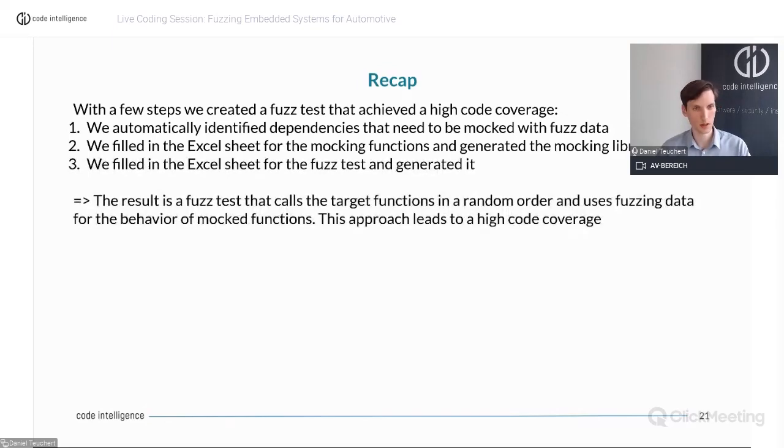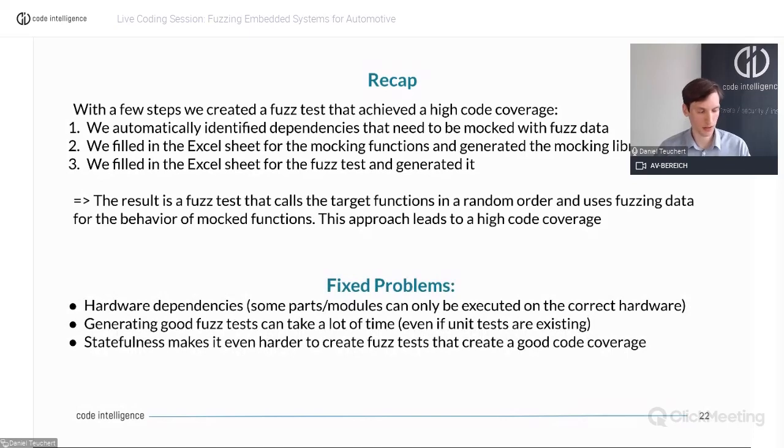And lastly, we filled in the Excel sheet for all the functions that we want to test, the functions from our own implementation. And we generated a fuzz test where all these functions are called in a random order and with random input parameters. And as a result, we had a fuzz test that achieved a high code coverage. And at the same time, we also simulated all the external return values that our module expects.